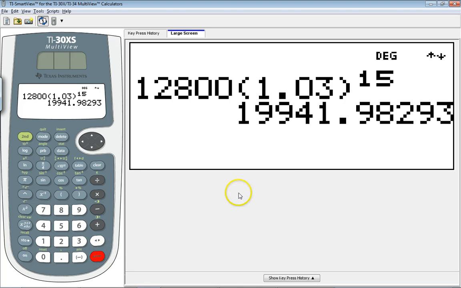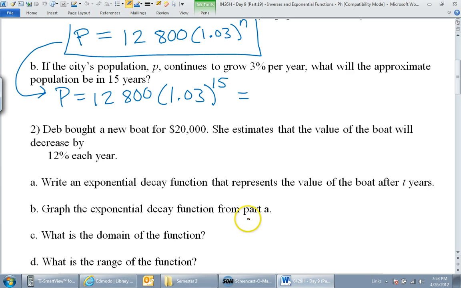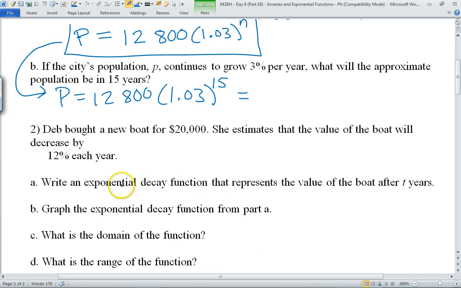Just hit enter, and this is what we get for our answer: 19,941.98. Okay, since it's people, we will round to the nearest person.